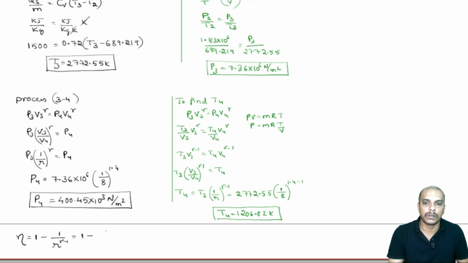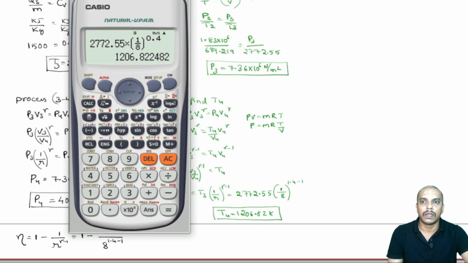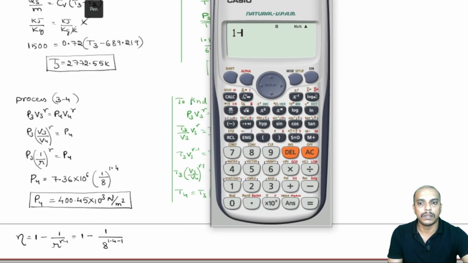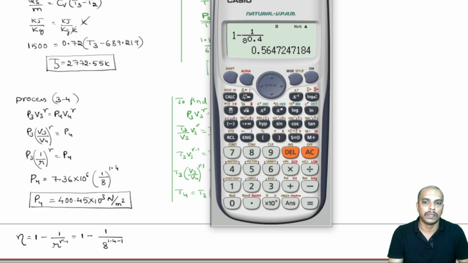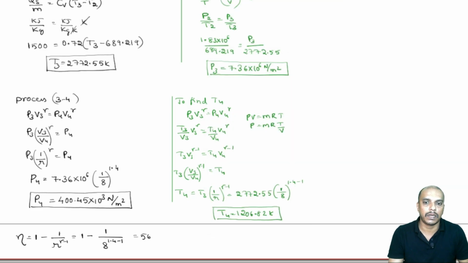So 1 minus 1 by 8 to the power of 1.4 minus 1, that is 0.4, will be 56.47 percent. Of course, I am multiplying it by 100.